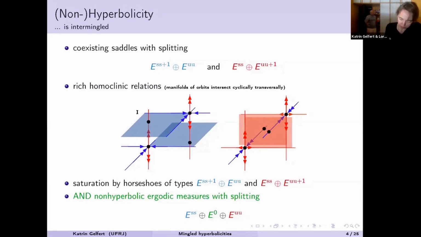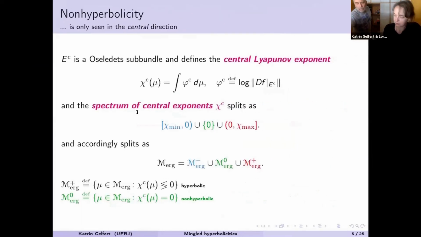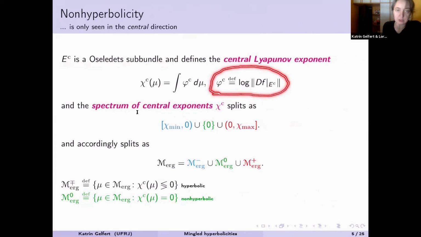And because I work in this partially hyperbolic setting, the central bundle is a candidate for the isolated subbundle, and it defines a central Lyapunov exponent. And if this is one-dimensional, then the corresponding potential is just a continuous potential.